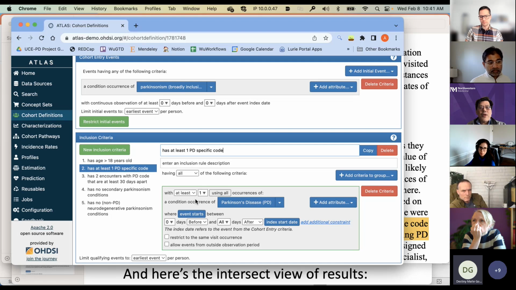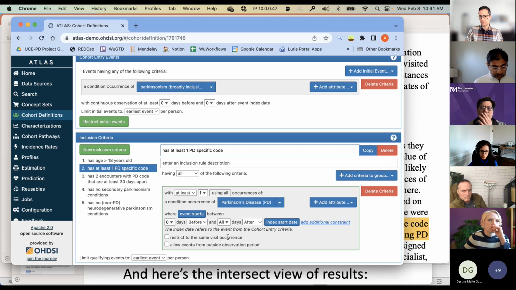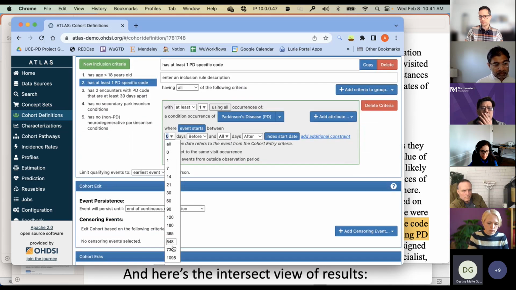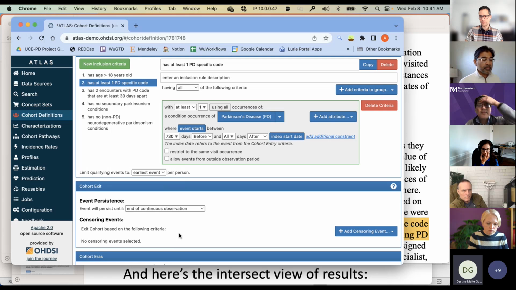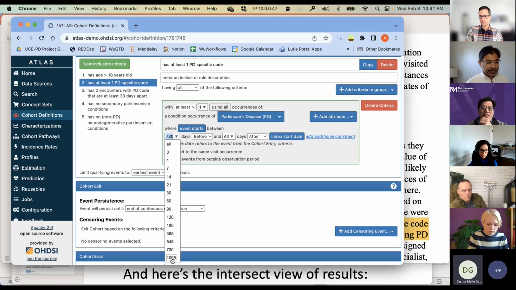But we want a PD code within the last 3 years of the last observation of any of these. To simplify, you will put 3 years in the time at the bottom instead of 0. Currently, you have 0 before, all after. So if this is something you want to apply, it would be 1,095 days. This will be 2 years. I figured you guys knew.